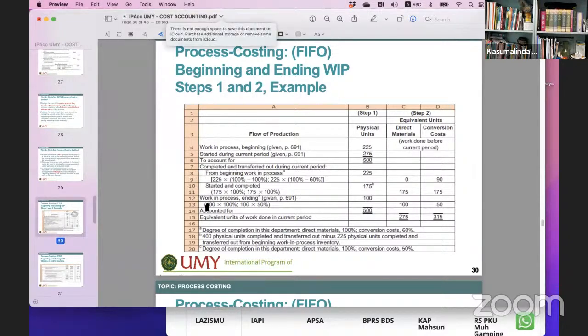But for the completed units, we break it down into two items. The first one we call from beginning work in process, and the second one, started and completed.